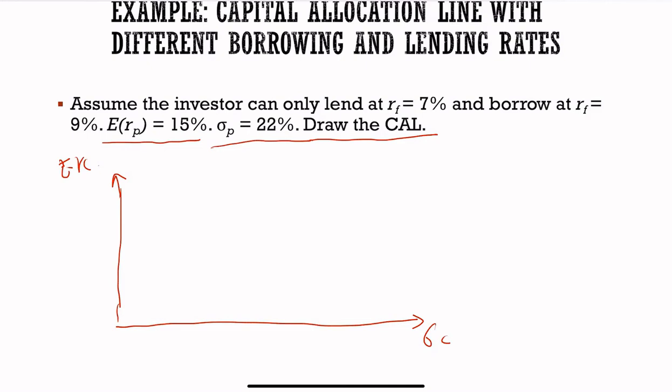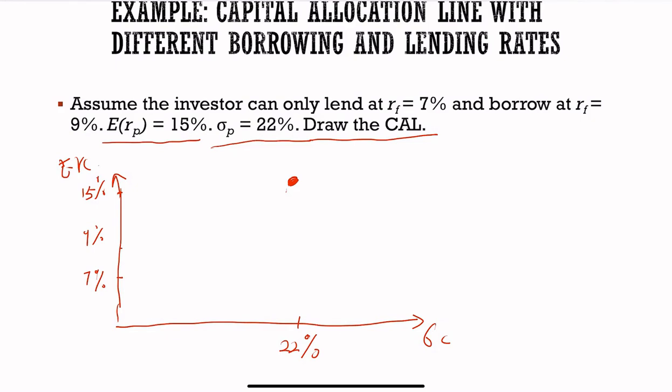We have two interest rates, 7% and 9%. And then we have the risky portfolio's volatility, which is 22%, and its return is given as 15%. So it should be here. And then you can see that the investor can only lend at 7% and borrow at 9%.